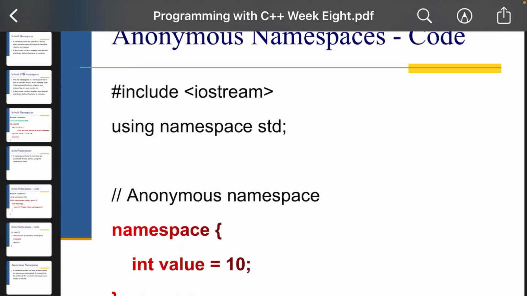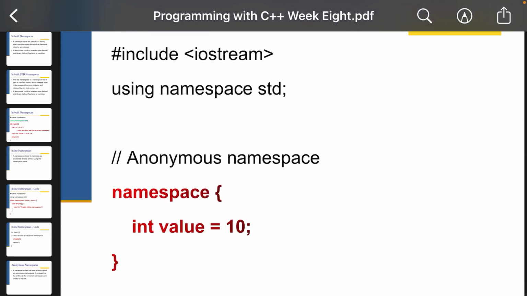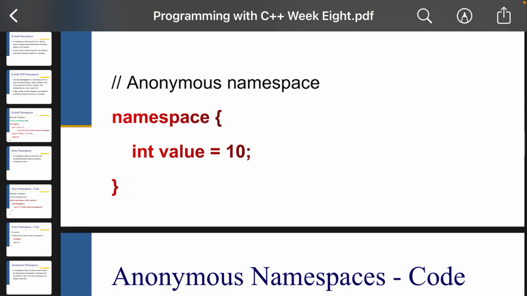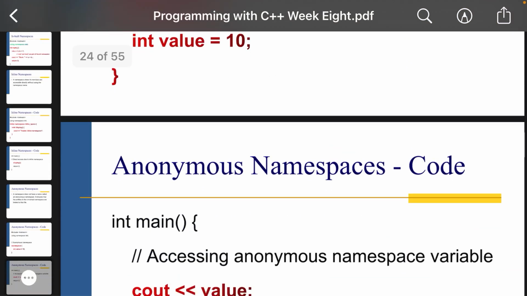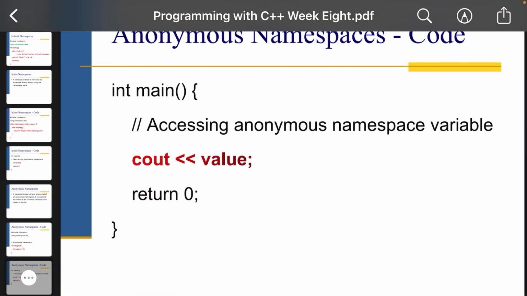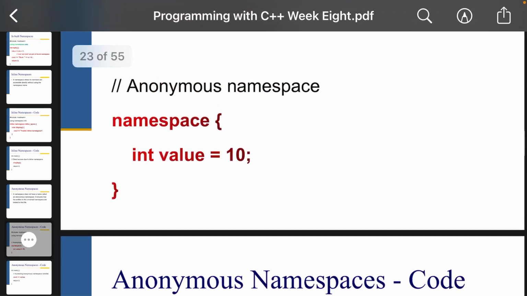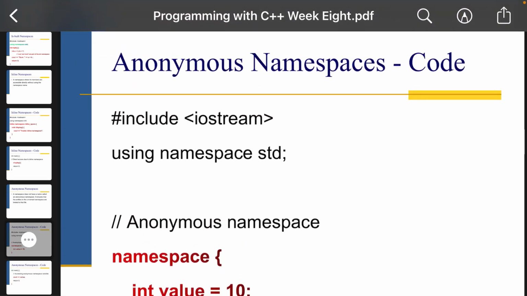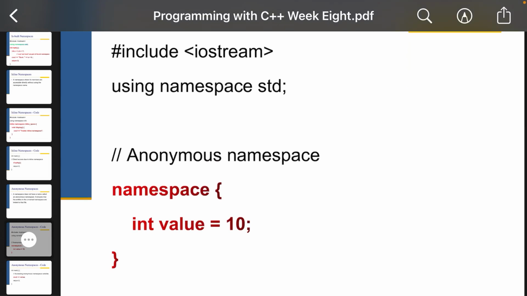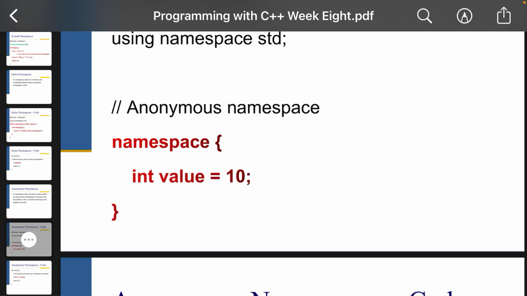So this is how it is. The code for it: anonymous namespace. It doesn't have a name, it starts with namespace, then you bring your curly brace.